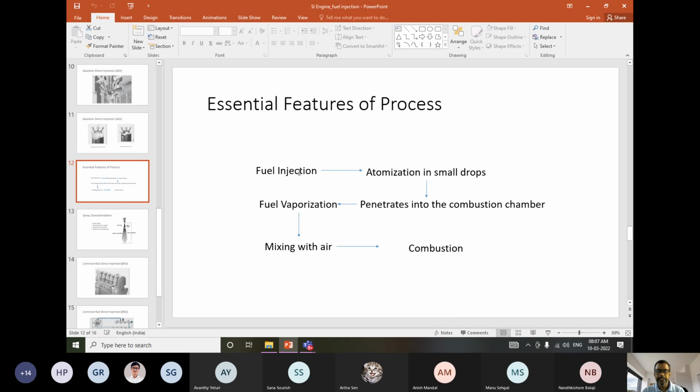Since it is injected at a very high pressure through a very small orifice, it goes through the atomization process.